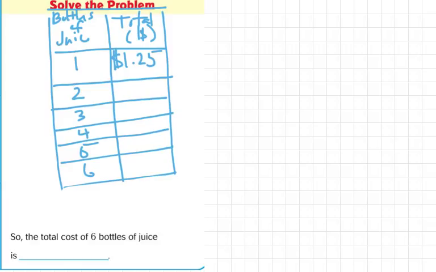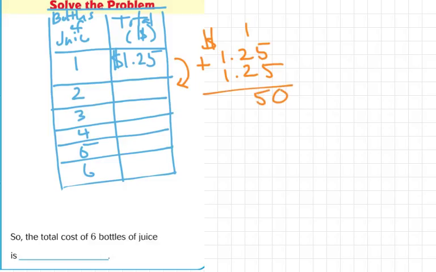So we know that the cost for each bottle of juice is $1.25. So that means that each time that we add a bottle of juice, we also have to add $1.25 in our sequence. So $1.25 plus $1.25, boys and girls, would give me $2.50.